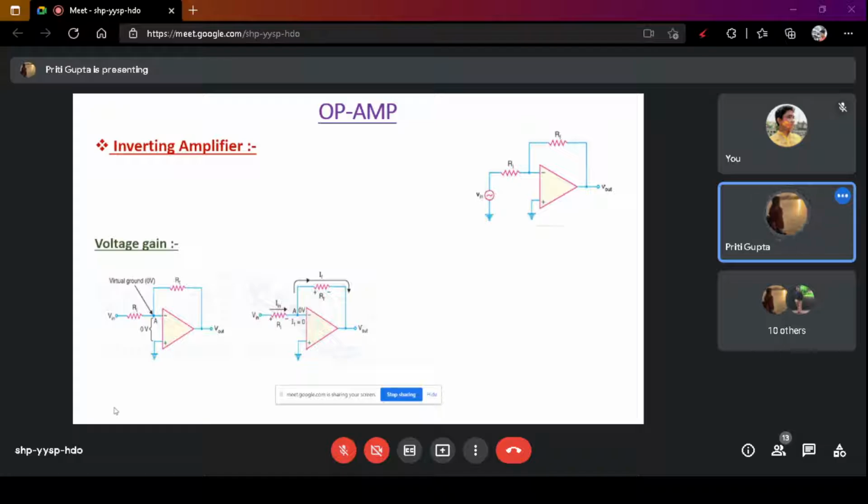So just write down in your copy: The point A is said to be at virtual ground because it is at 0 volt but is not physically connected to the ground.